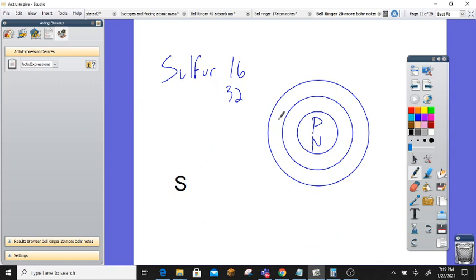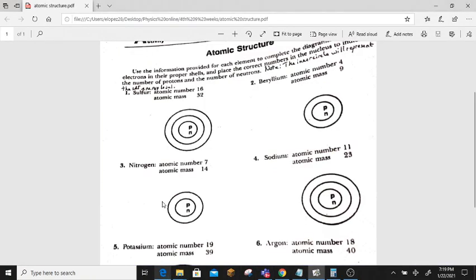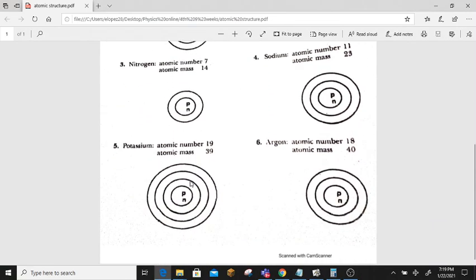Okay, sulfur, 16 protons, 16 electrons, 2 fit in the first ring, 8 fit on the second ring, it's 10. 11, 12, 13, 14, 15, 16. There we go. And the neutrons, 32 minus 16, 16. So that's how you're going to be doing the rest.